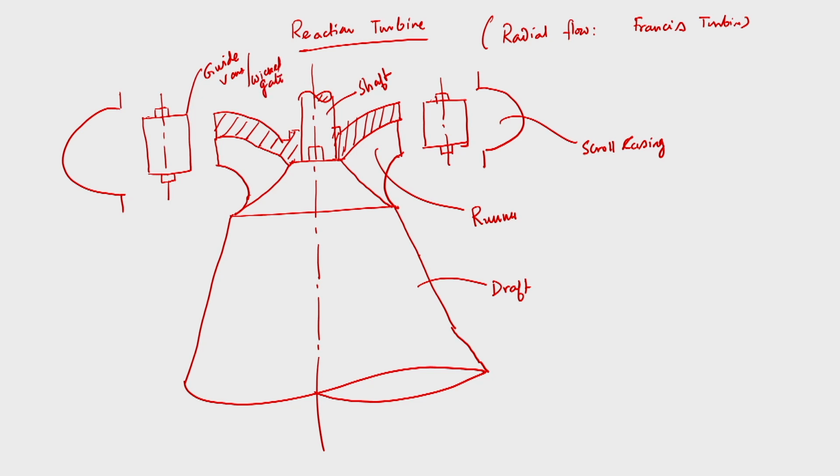And if I draw another view here, this is the cross sectional view. So this is the draft tube, this is the runner, shaft, we have scroll casing, and then this draft tube is a very important part, an integral part of the total hydroelectric power plant equipped with a radial flow, or reaction turbine. But this draft tube was not there in case of a Pelton wheel, that is what we have seen.